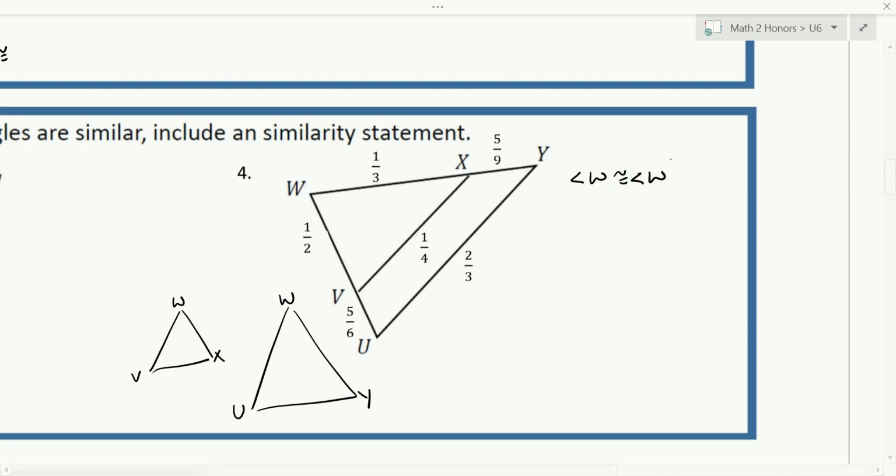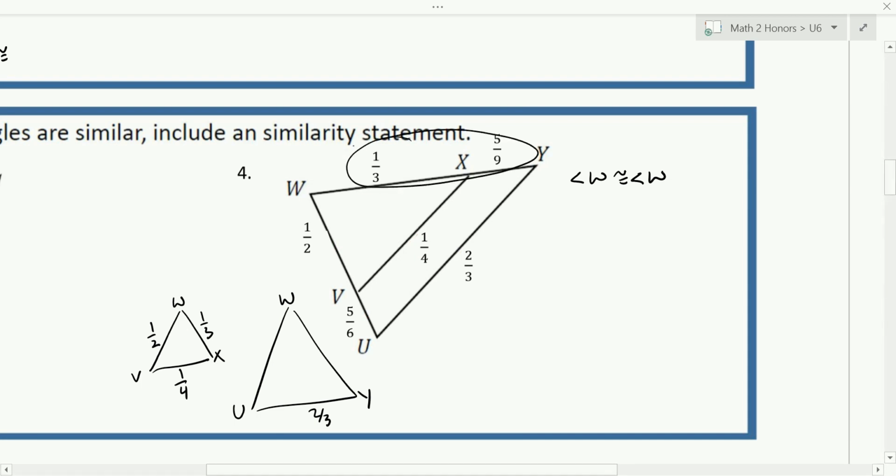Reflexive property of congruence, okay? The side lengths of the smaller triangle are 1/2, 1/3, and 1/4. The side lengths of the larger triangle, UY is going to be 2/3. What's WY?